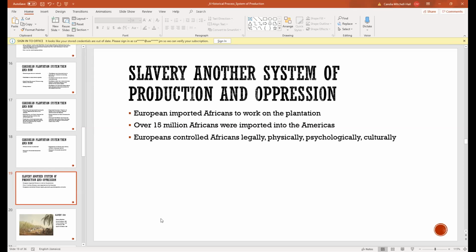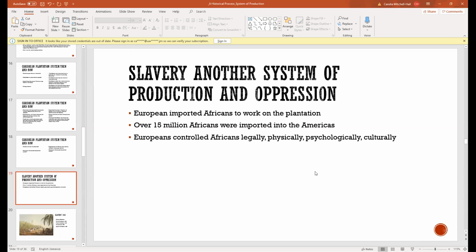Because if we look, Europeans controlled the African legally, physically, psychologically, culturally, right? And over 15 million Africans were imported to the Americas. It was oppressive. Many persons would have died on the plantation.